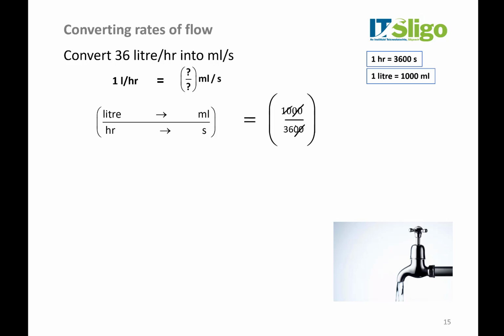And then 2 will go in. And we get 5/18. So 1 liter per hour is 5/18 mils per second. And leaving it as that fraction, guys, is actually the tidiest way.